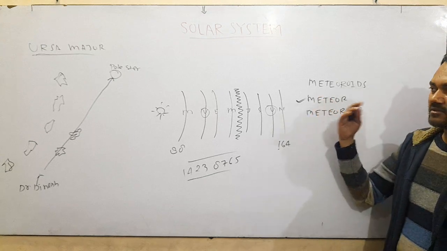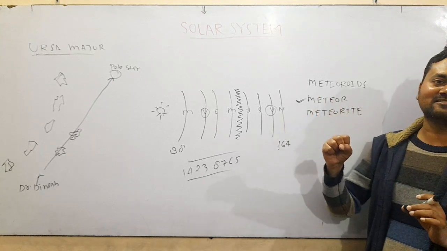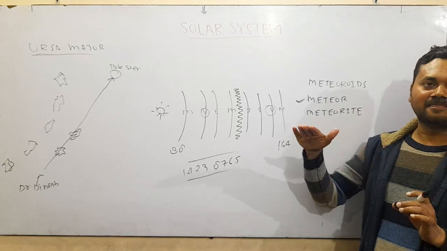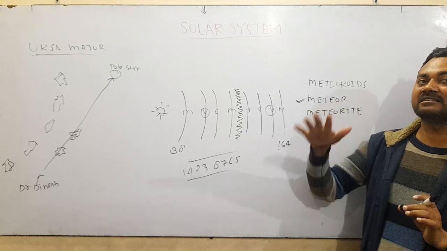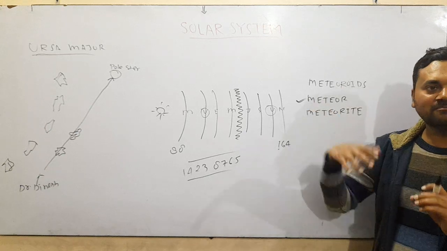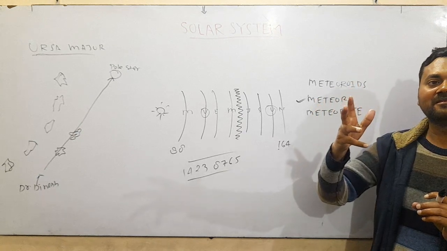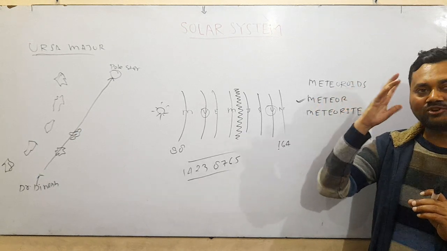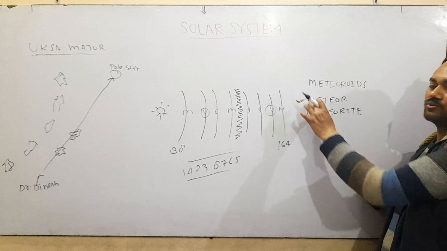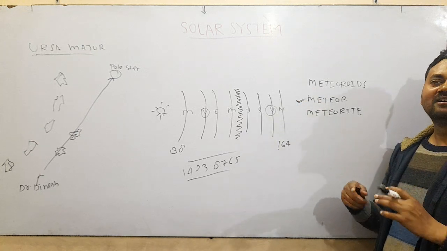So those which don't get success, which get crushed or burned due to the friction generated by the earth's atmosphere, when they burn, they generate a flame.